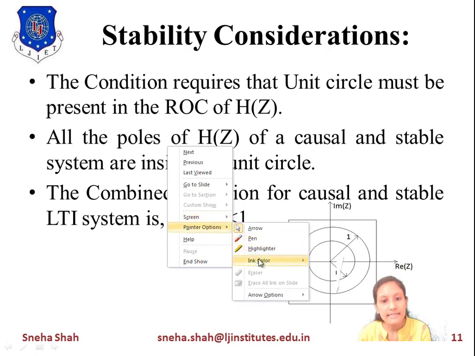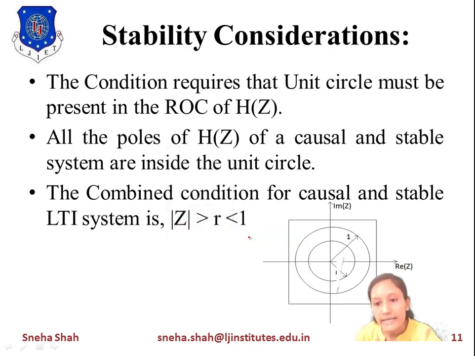If we represent it in terms of the unit circle, then r should be less than 1, right? Over here r should be less than 1. So if we are representing the unit circle, then r should be less than 1 and mod z should be greater than r. This one is the condition for causality and this one is the condition for stability.